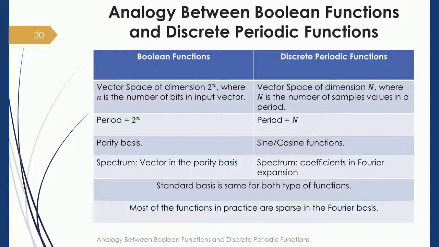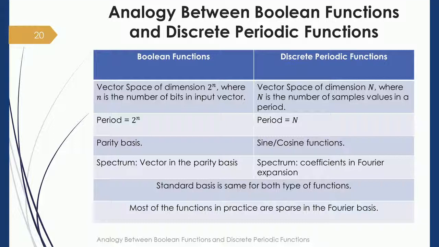And similarly, for the discrete periodic functions, we have uppercase N number of sampled points, and the magnitude of the periodic function evaluated at those uppercase N sampled points is the vector represented in the standard basis.